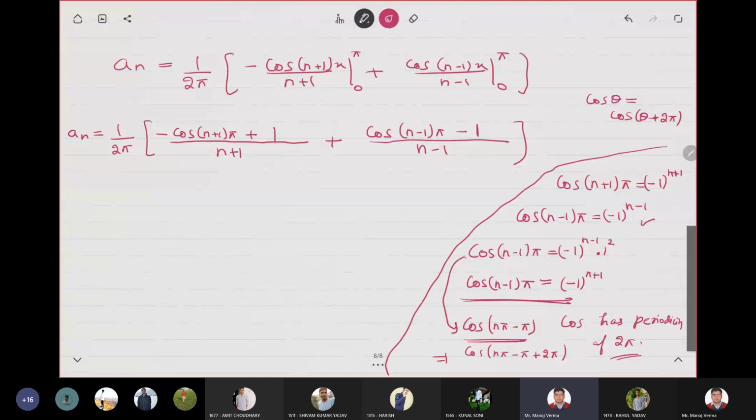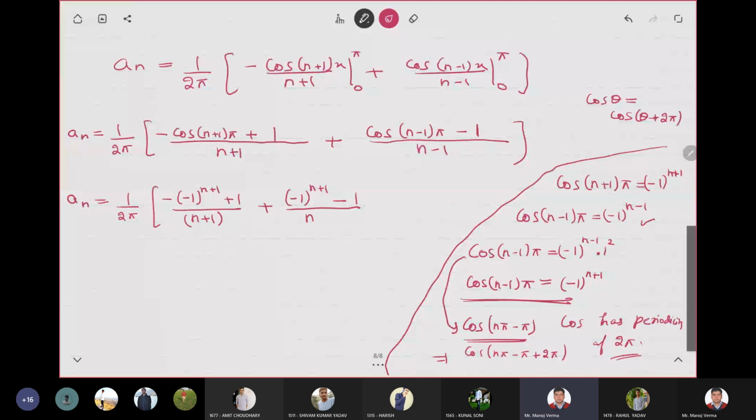And now if I write, this an will become simply 1 over 2π times [(minus 1) raised to the power n plus 1, plus 1, divided by n plus 1, plus cos (n minus 1)π, which I will now write as (minus 1) raised to the power n plus 1, minus 1, divided by n minus 1].